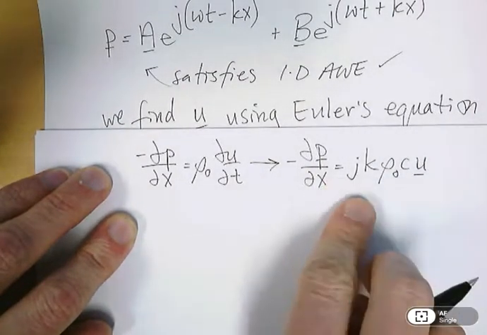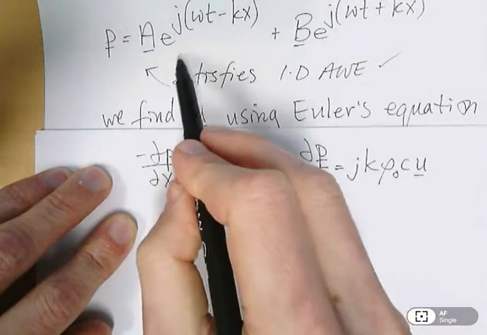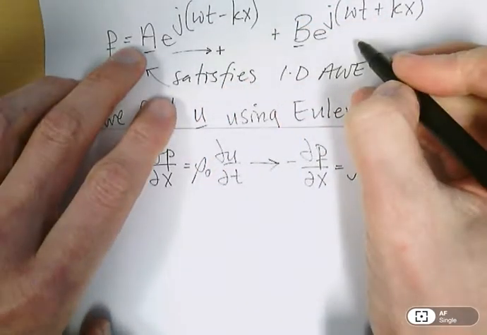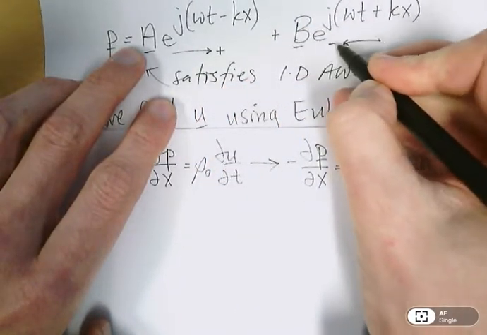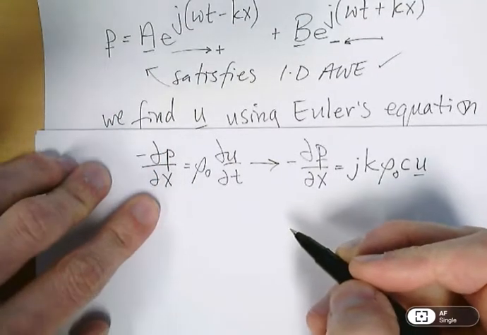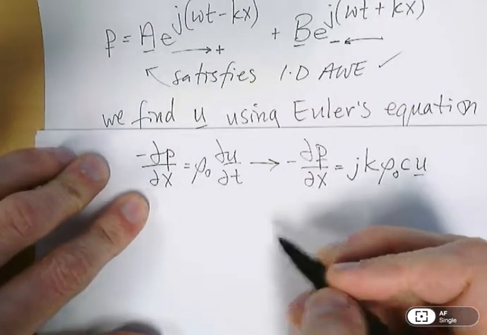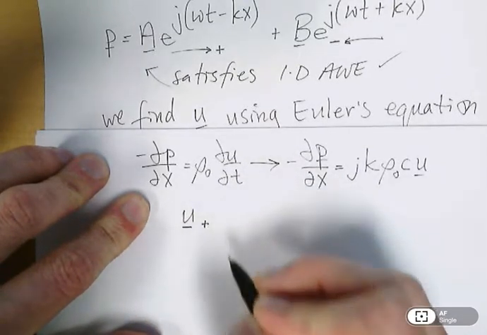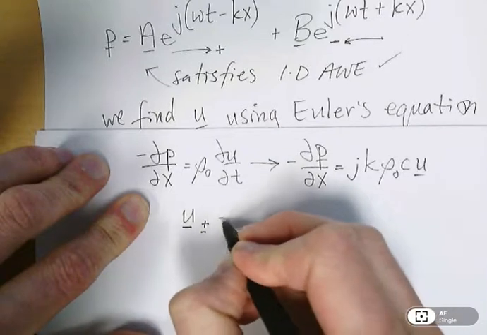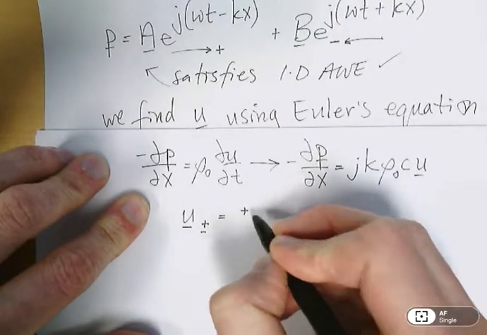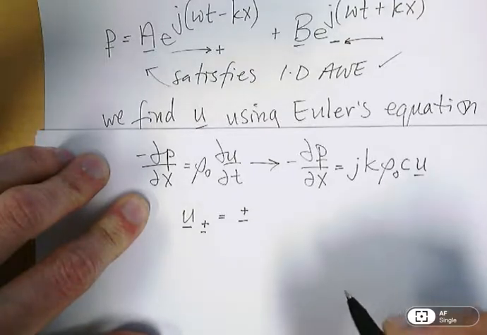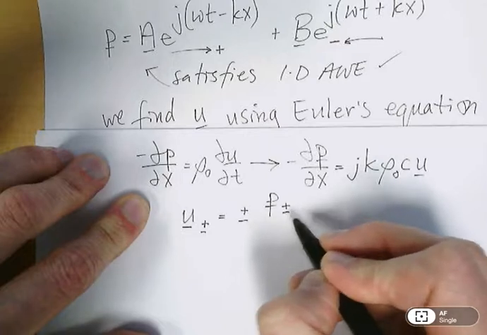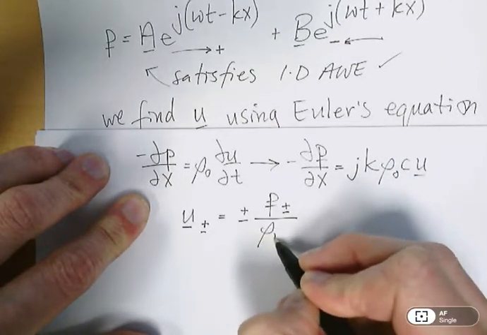And by substituting in these forward and backward x propagating wave components, we are able to express that particle velocity as forward and backward components, using similar forward and backward signs, via the respective pressure components divided by rho naught c.